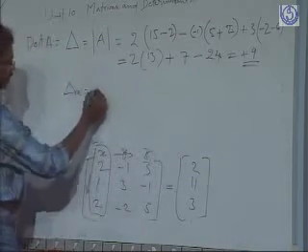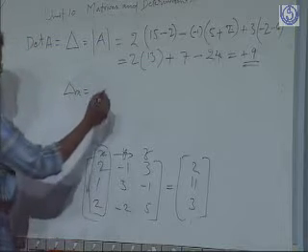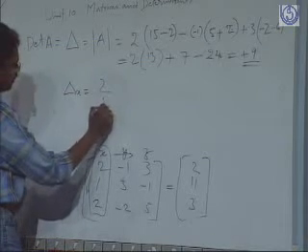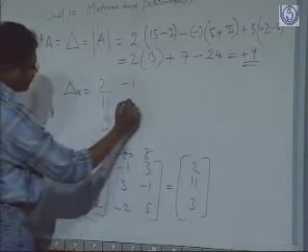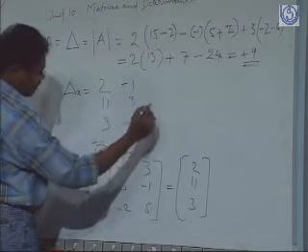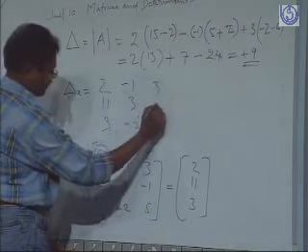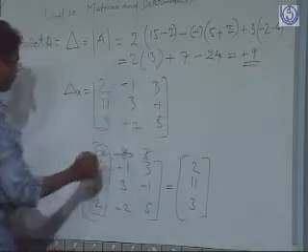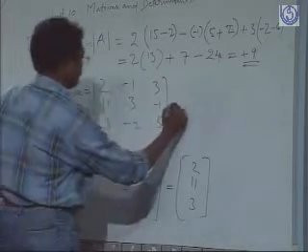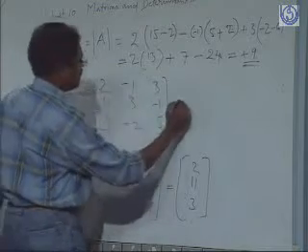So here the equation will be formed: 2 11 3, then minus 1 3 minus 2, and the same 3 minus 1 5. For this we have to find the determinant. So we will directly find the determinant.